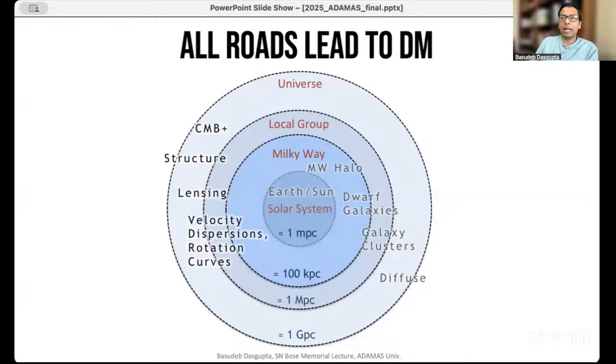So to summarize, we have evidence from a variety of different observations at a variety of different length scales. At the scales of our galaxy, which is the Milky Way, we have things like the rotation curve. At the scales of our local group, we have evidence from things like lensing and the dispersion of galaxies in galaxy clusters.